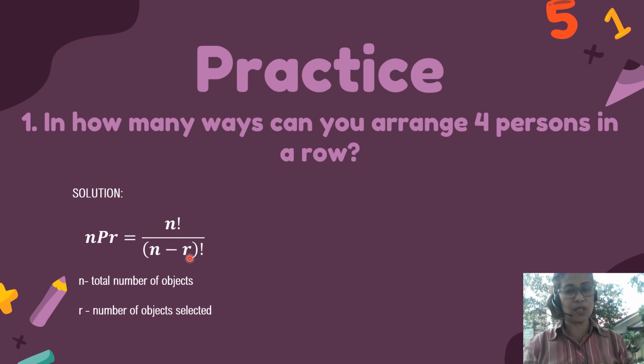You can actually get your answer instantly in your calculator. So n is the total number of objects. So how many objects are we trying to arrange? I hope you get that. R is the number of objects selected at a time, and I hope you get that as well. So I'm going to pause for a while.